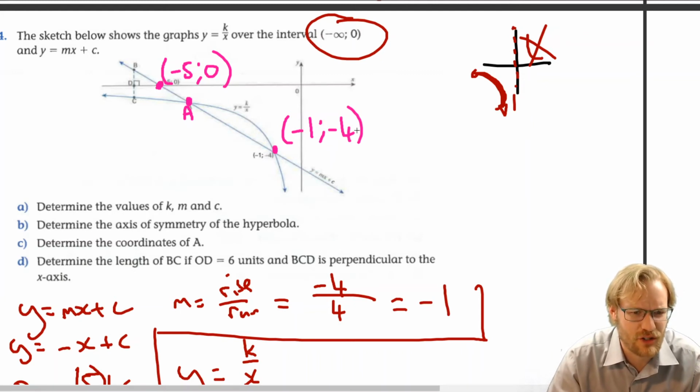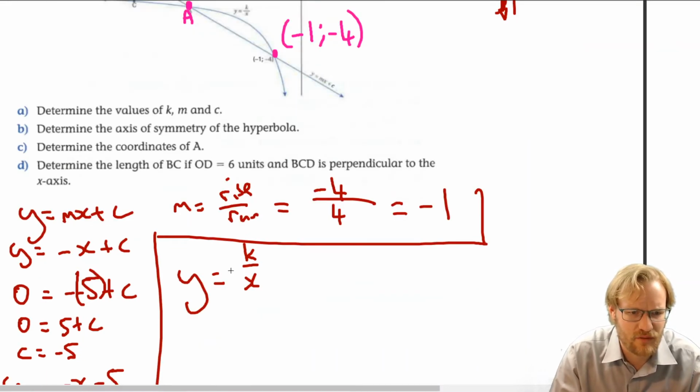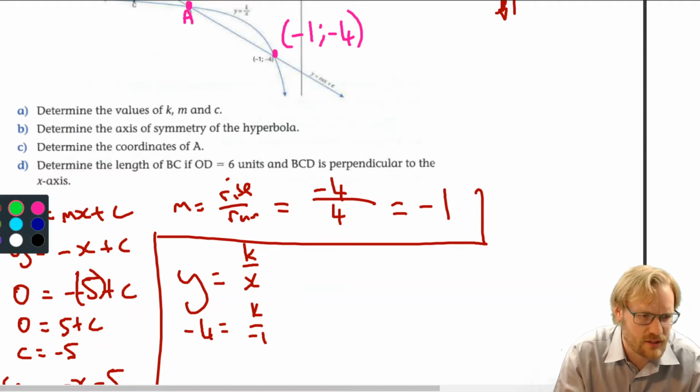In other words, we know q is 0 and we know that p is 0. All we need to work out is this top value, which we'd normally have called a. Well, it goes through this point, -1, 4. So if we substitute that point in, k over -1, we've got an equation with only one variable to solve. Well, easy, then we can solve it.